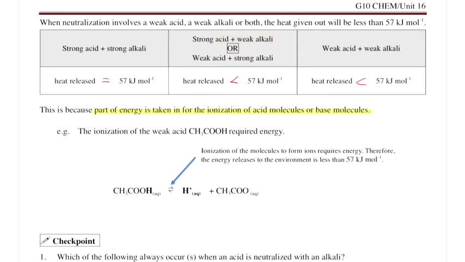So for a weak acid and weak base, in order for it to ionize and give out all the maximum amount of hydrogen ion and hydroxide ion, it needs energy to do it. So part of the energy is used to ionize the hydrogen ion and the hydroxide ion. Hence, the total energy released is less than 57 kilojoules.